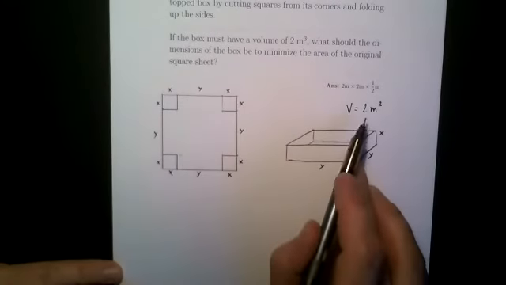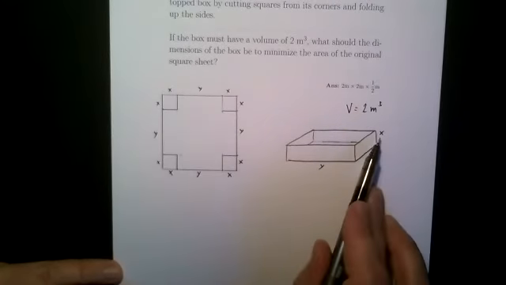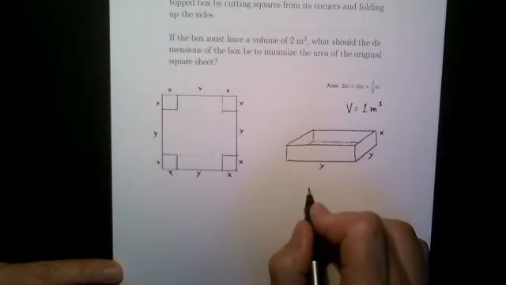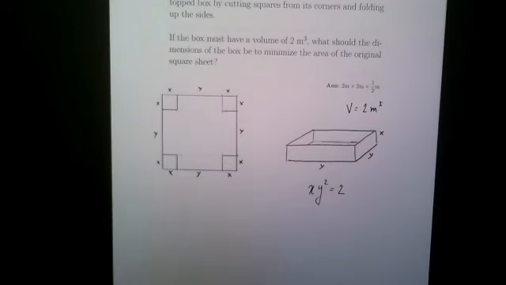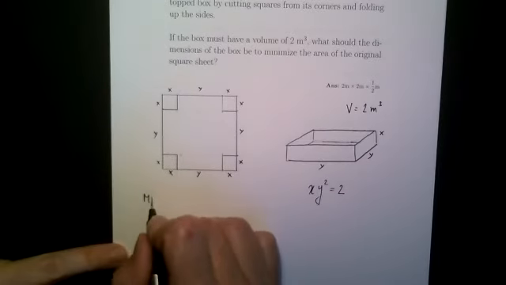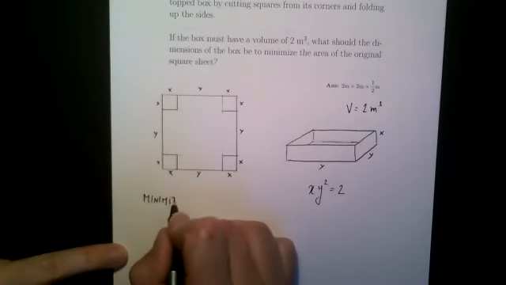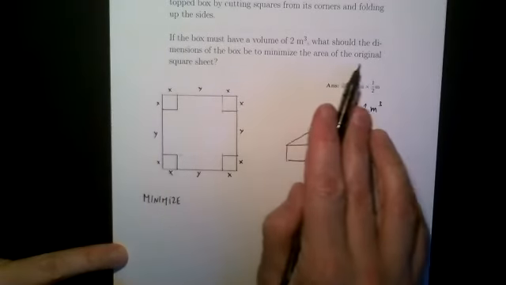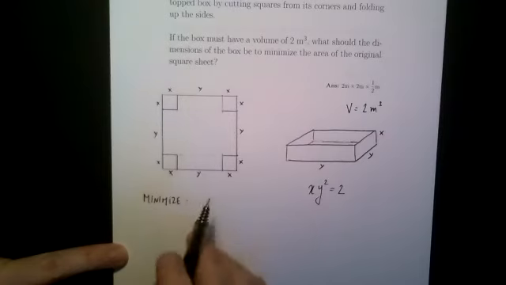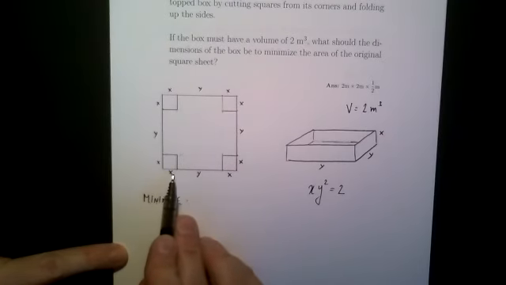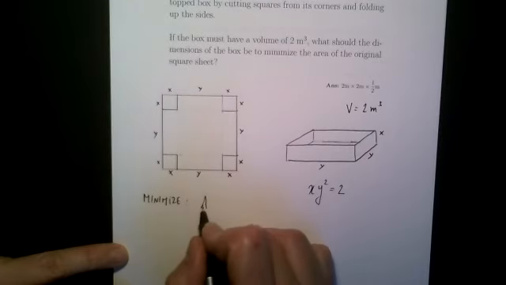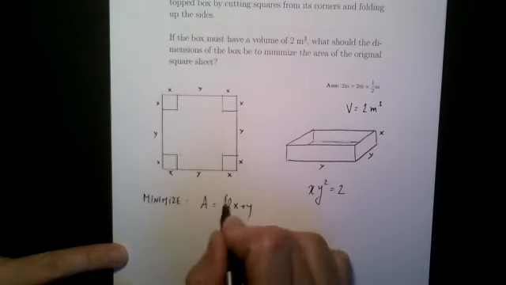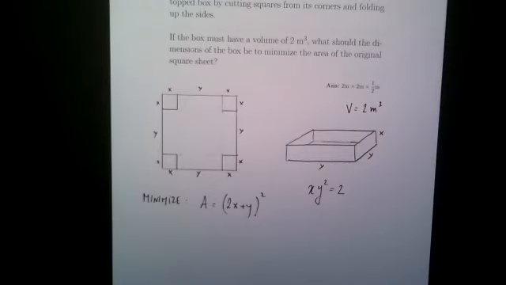Okay, so what is given to me is that the volume is 2, so xy squared equals 2. That's for sure. And we want to minimize what? Minimize the area of the original square sheet. So we want to minimize the area of this sheet, which is 2x plus y squared. Is that okay?